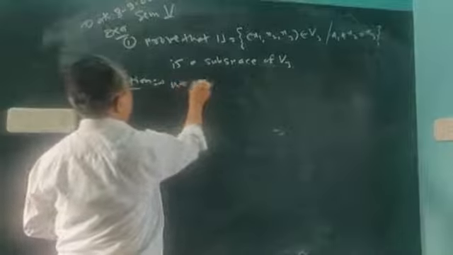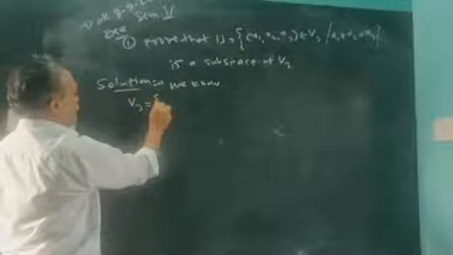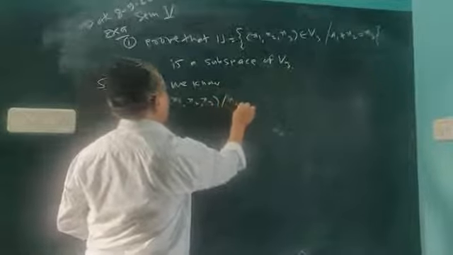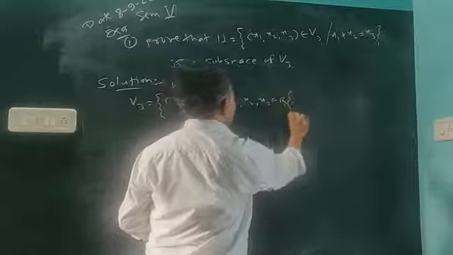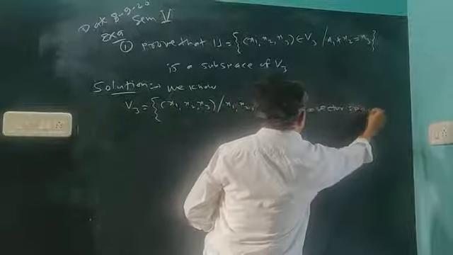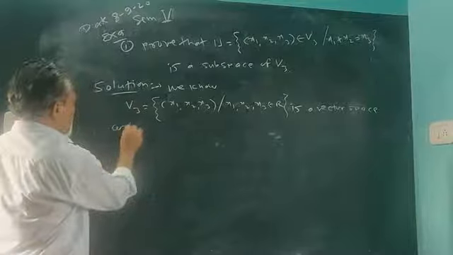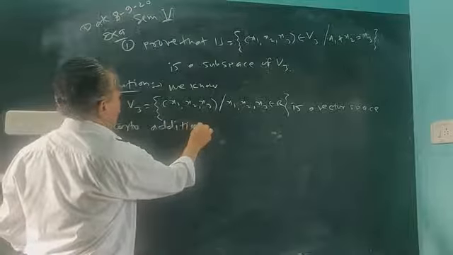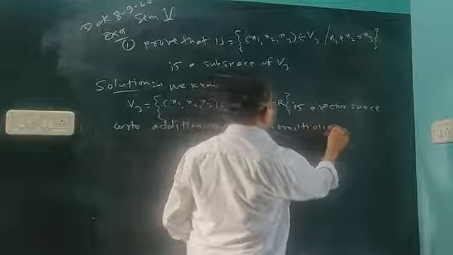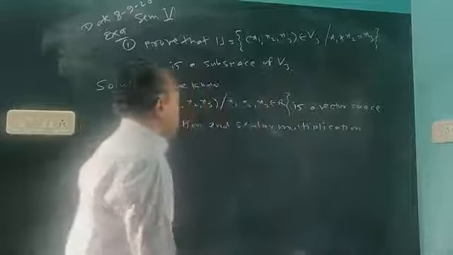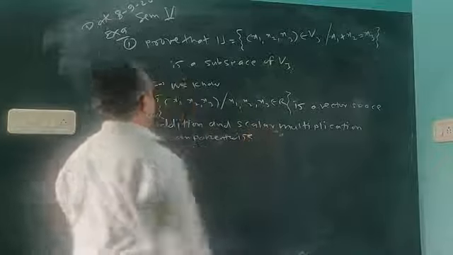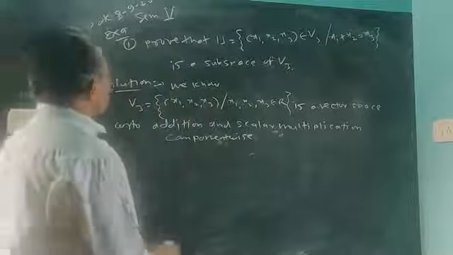So we know in general the V3 space of three-dimensional elements, where these are real numbers, is a vector space with respect to addition and scalar multiplication, component wise, coordinate wise. Okay, this is the general idea of V3.